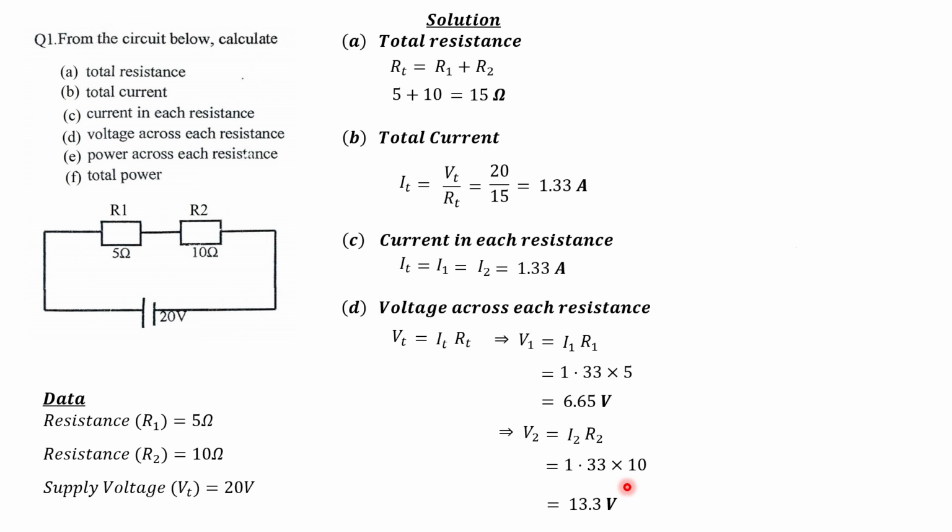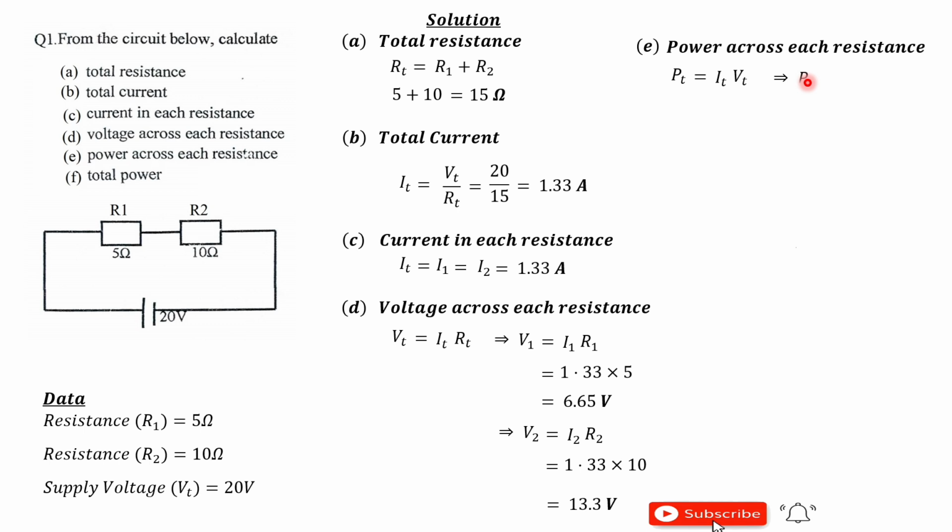All right, let's move on to E. We have to calculate the power across each resistance. PT, the total power, is equal to the total current times the total voltage. Therefore, P1, the power across resistance R1, will be I1 times V1.